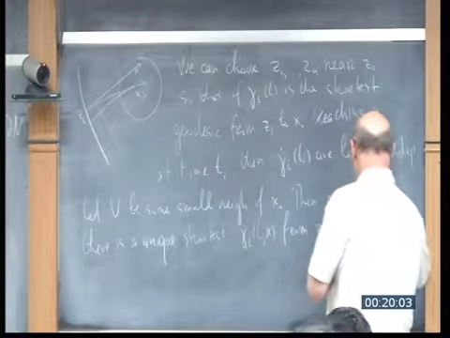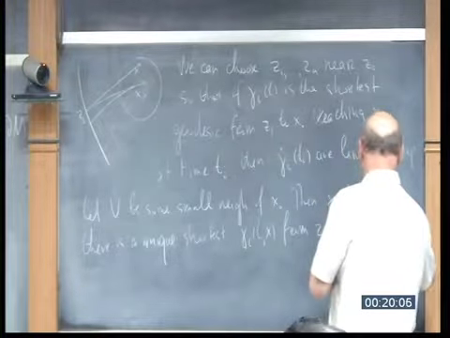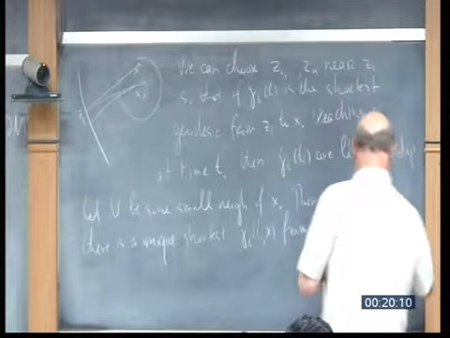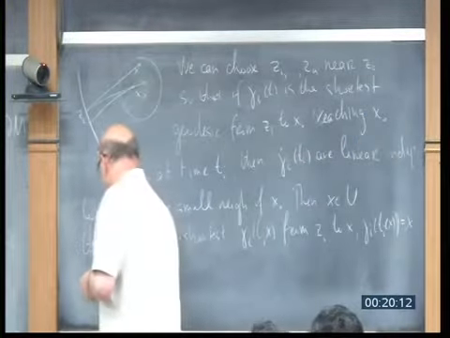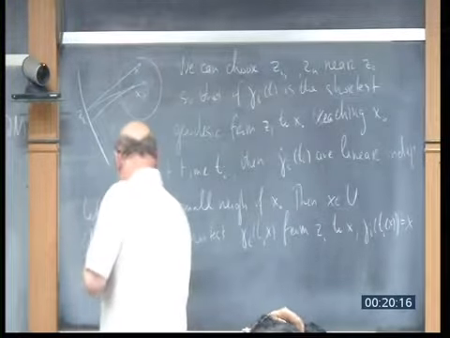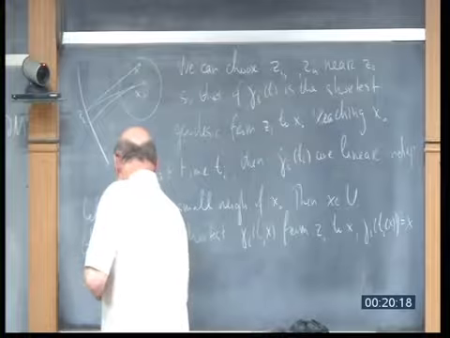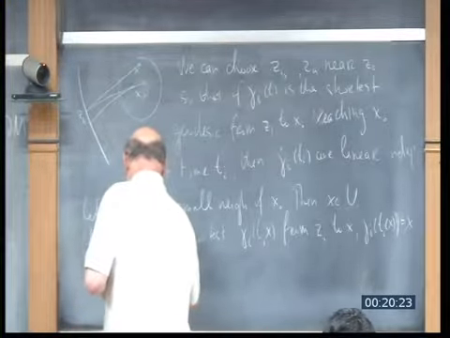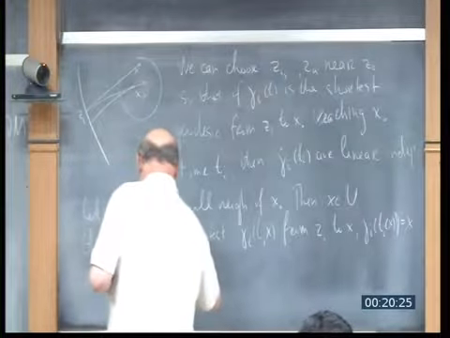So gamma_i(t_i, x) is x, and, well, it's just continuity: gamma dot_i(t_i, x) are linearly independent.